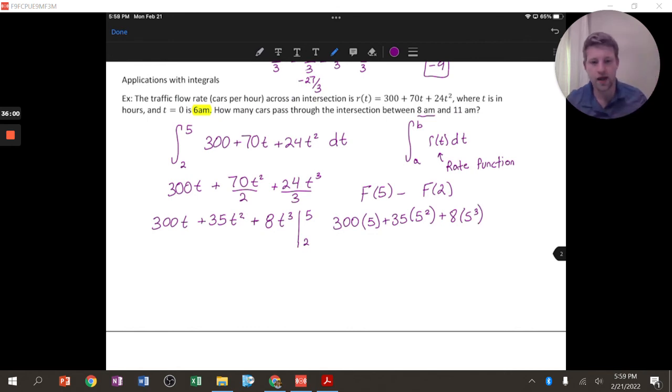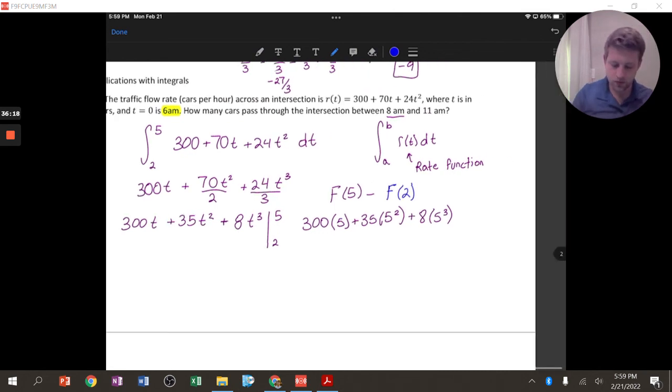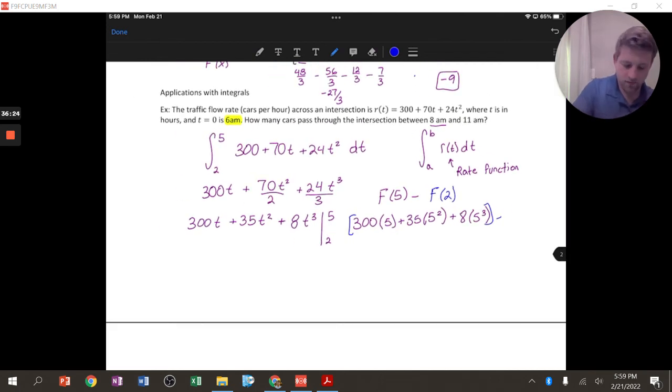That would be my capital F of 5. Just to give you different colors here, let's do this one in a different color just to distinguish. So next would be the F of 2. We want to subtract our F of 2.